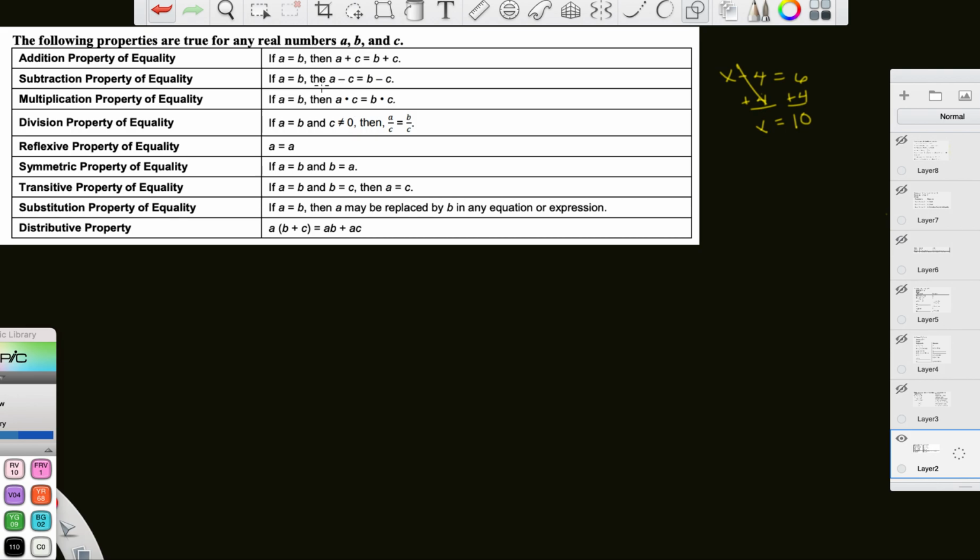The same thing holds true with the subtraction property of equality. If you subtract the same amount from both sides, then everything stays the same. If you multiply both sides by the same amount, again, everything stays the same. And of course, the division property of equality.